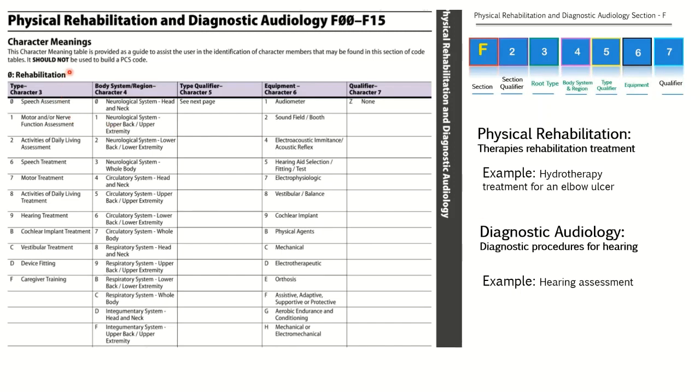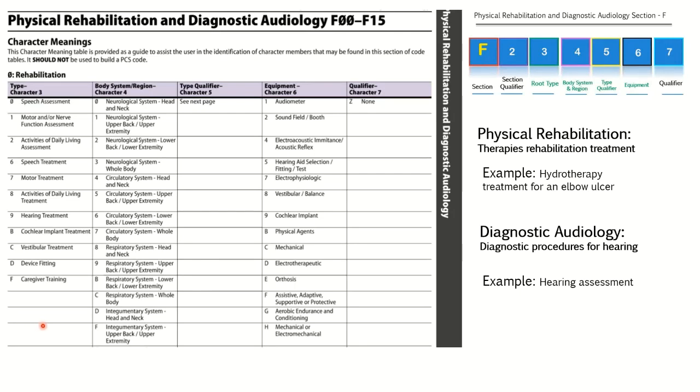Your root type, character 3, will be speech assessment, motor and nerve function assessment, activities of daily living assessment, speech treatment, motor treatment, activities of daily living treatment, hearing treatment, cochlear implant treatment, vestibular treatment, device fitting, caregiver training, all fall under this.